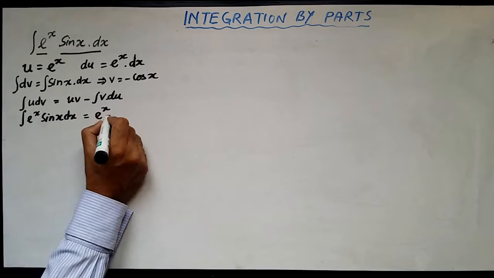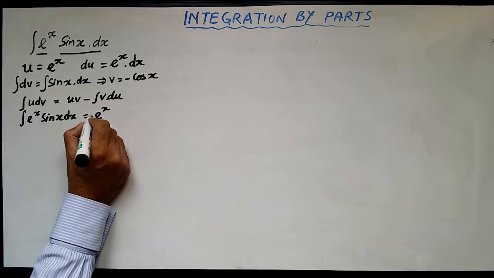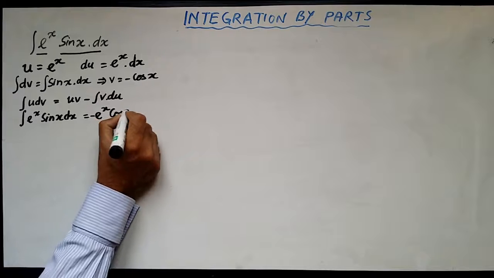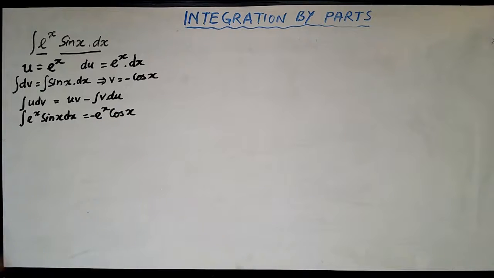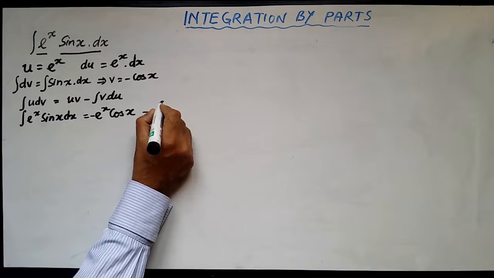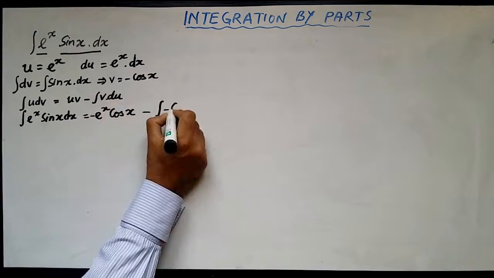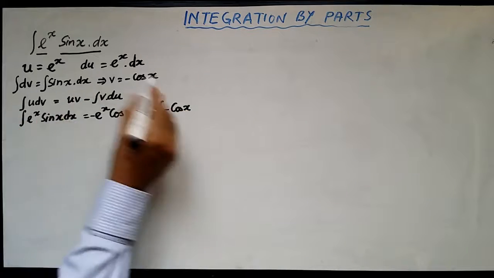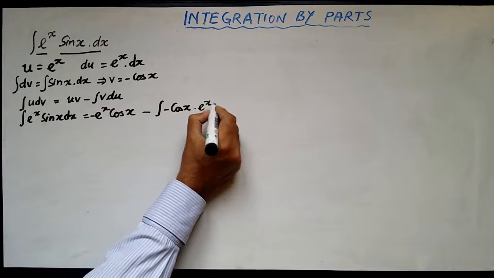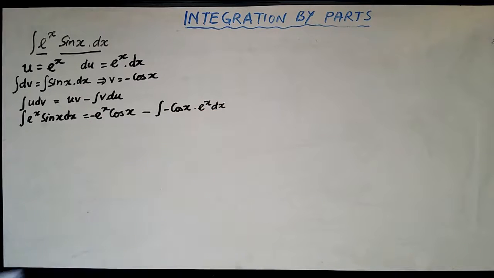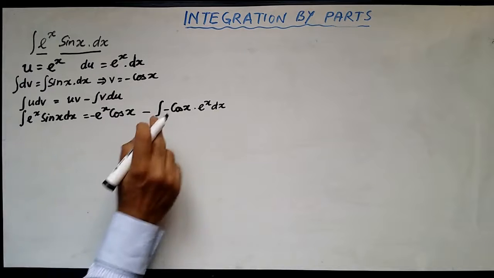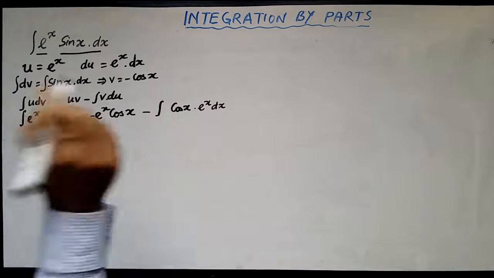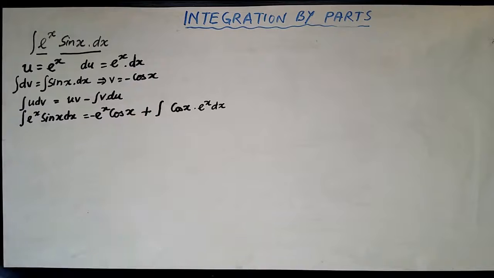What is v? V is minus cosine of x. So we can write here minus e to the power x cosine of x minus integration of v, what is v? Minus again cosine of x, and du. What is du? Du is e to the power x dx. Okay, so this is what we get. So this minus we can have here as a plus.